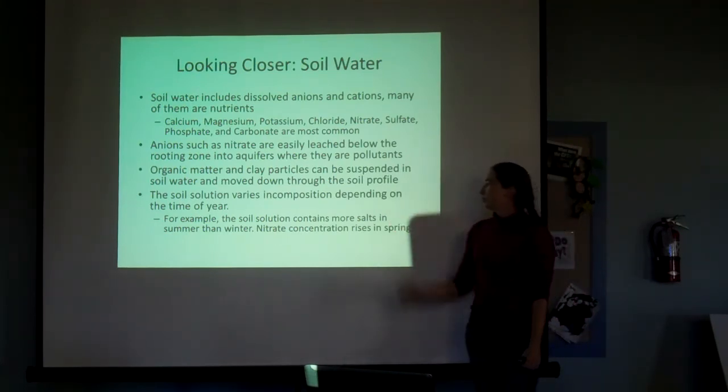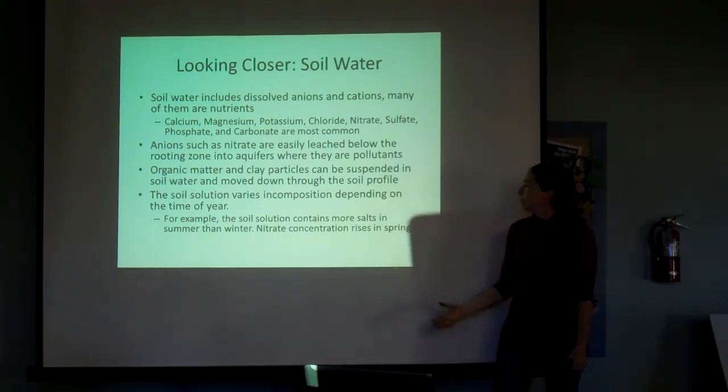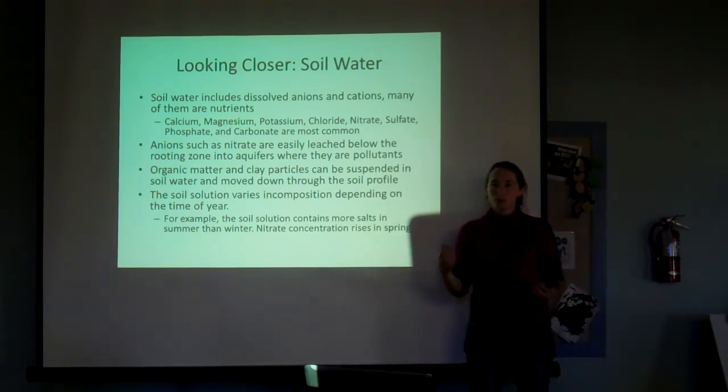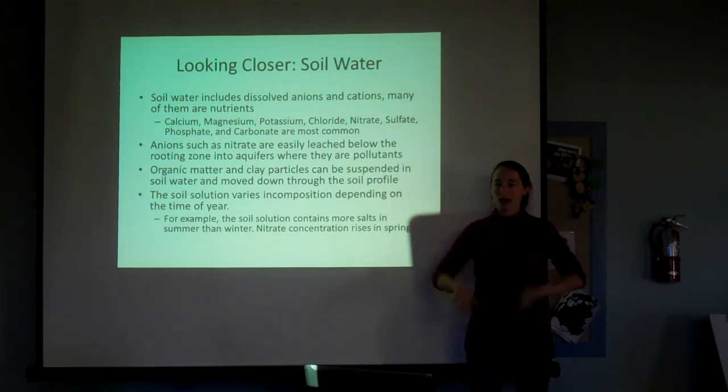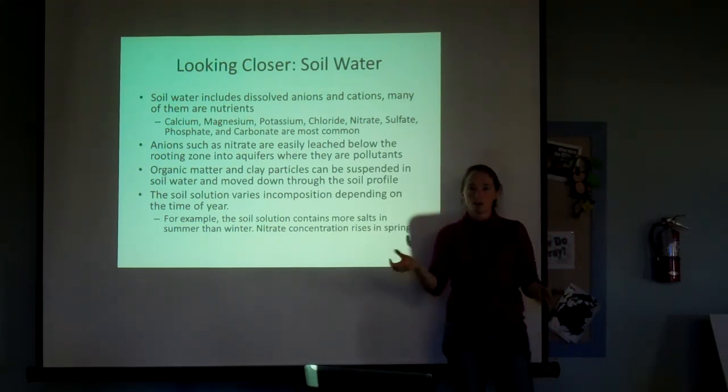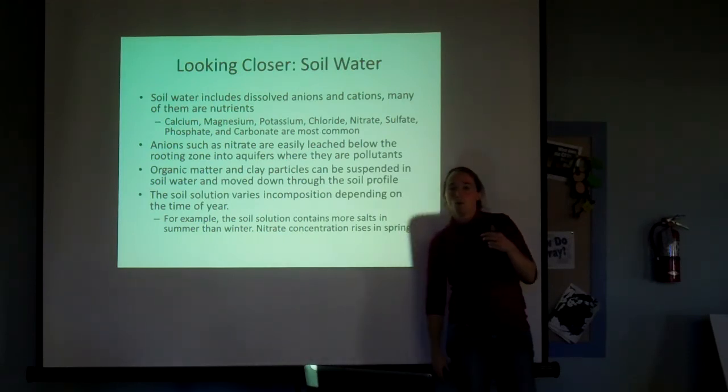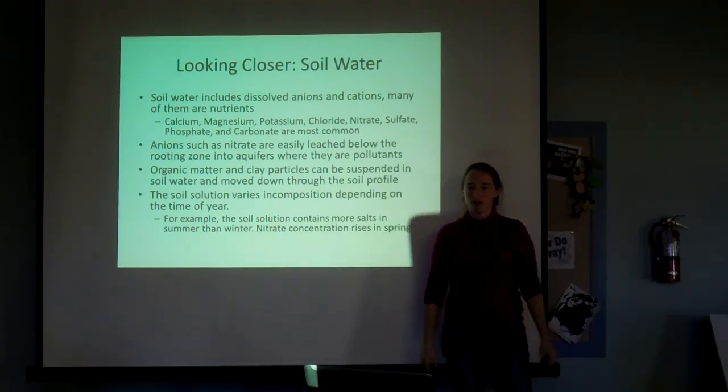So, for example, the soil solution contains a lot more salt in the summer. The reason for that is because as the soil solution evaporates, a lot of times things like carbonates come to the surface. You get a rainy year and the soils will actually test lower in carbonates and salts because a lot of that stuff has been washed down in the profile.